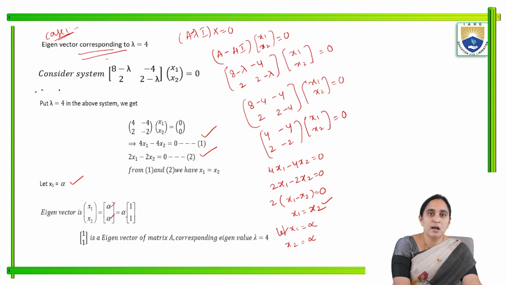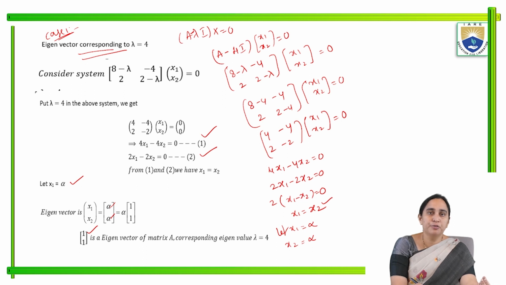Taking alpha common, that is 1, 1. Therefore, if lambda is equal to 4, the corresponding eigenvector is 1 comma 1. So the column vector 1, 1 is an eigenvector of matrix A corresponding to the eigenvalue lambda equal to 4.